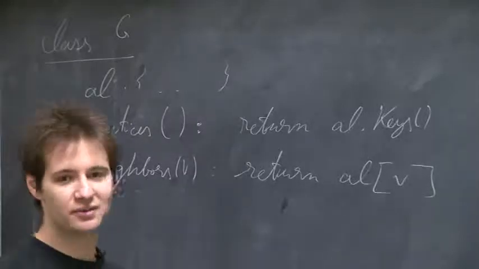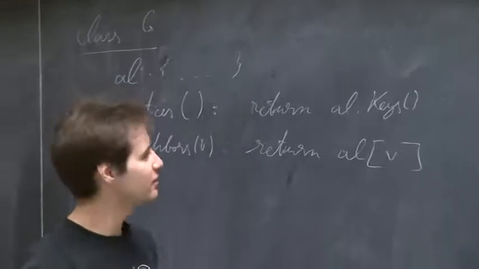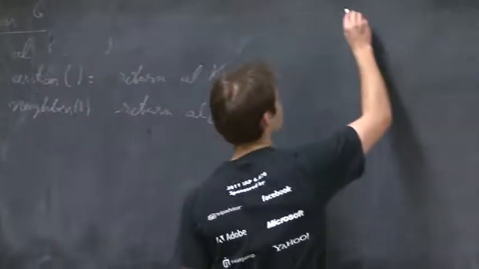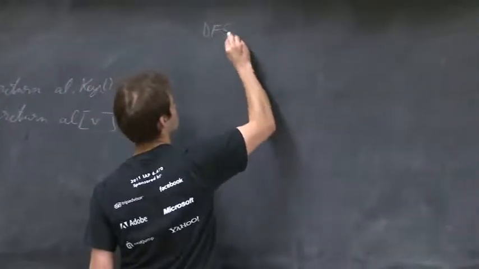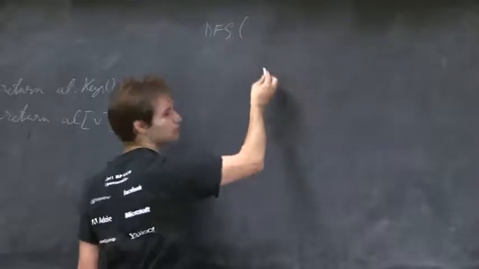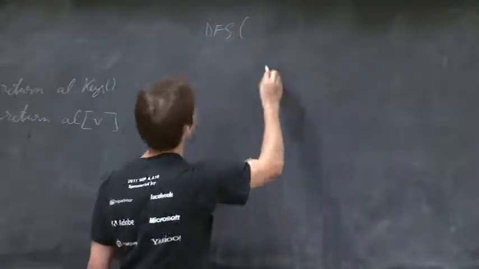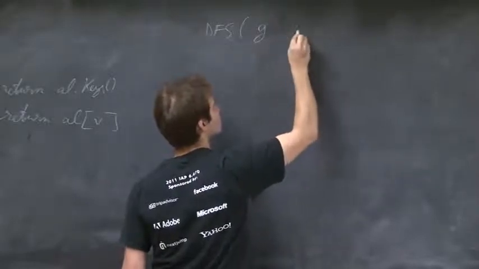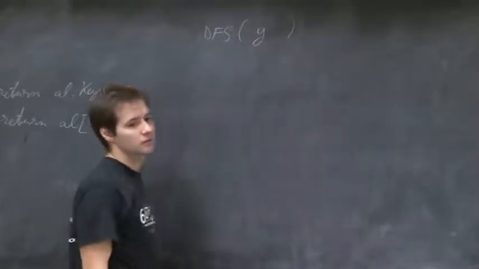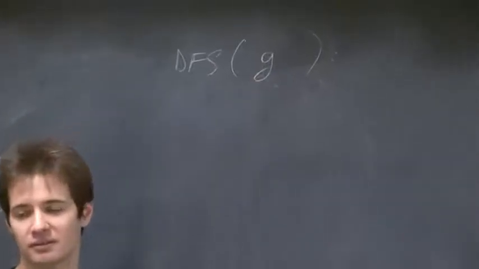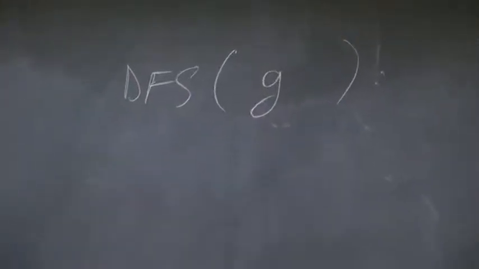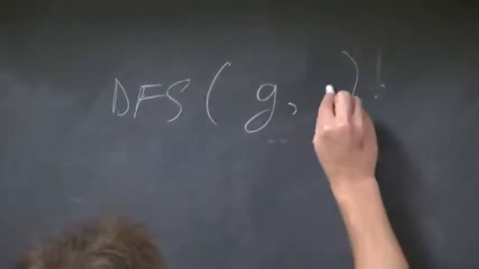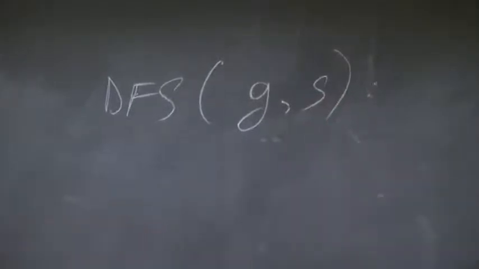Let's try writing DFS because no one said they don't understand DFS. So let's say we have a DFS procedure, and it gets a graph, and it has to do DFS. What do you need for DFS? Starting point would be good. Just like for BFS, right? So how do we do DFS?